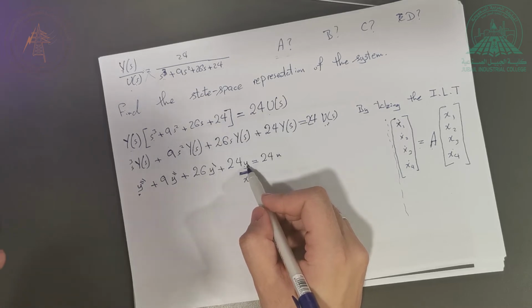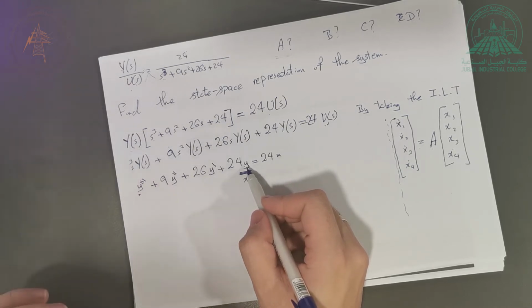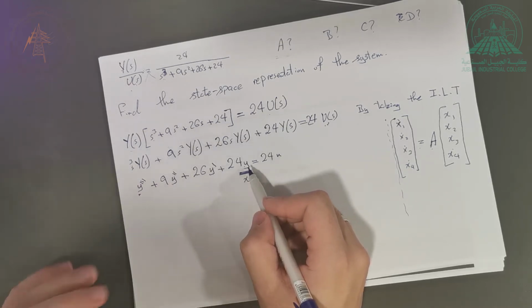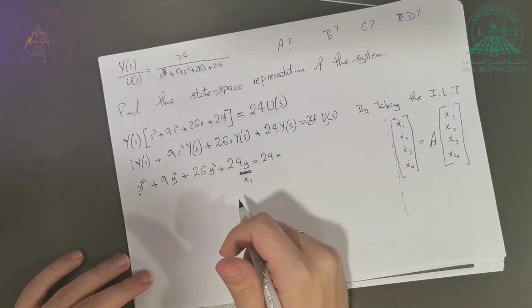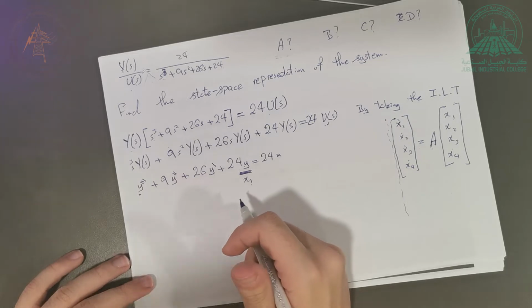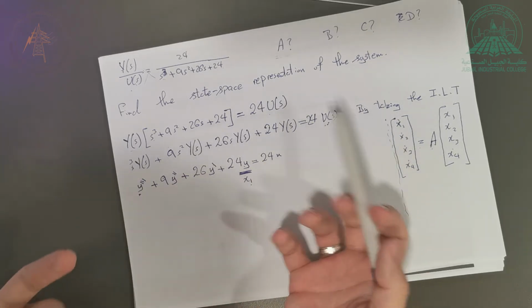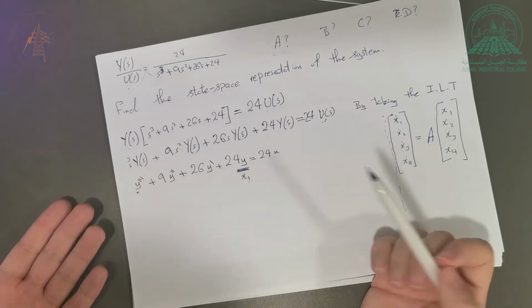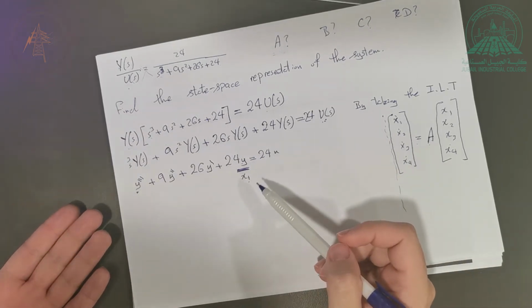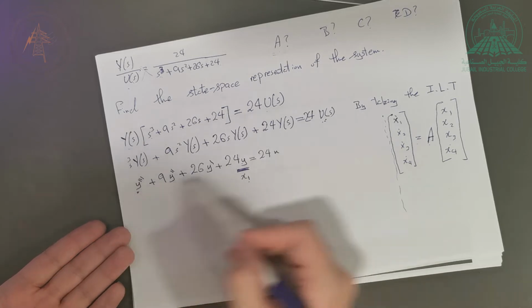The variable, not the differentiated variable, the variable itself. Take it and assign it to be your first state. It means this system depends on y, of course. So y is an important variable to describe this system clearly, because it's part of the differential equation.